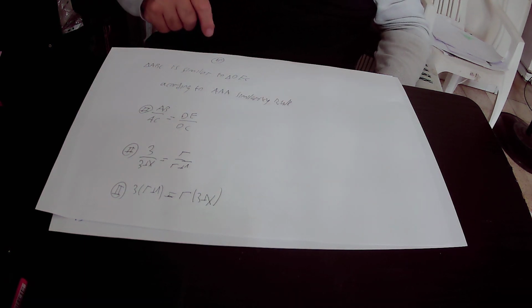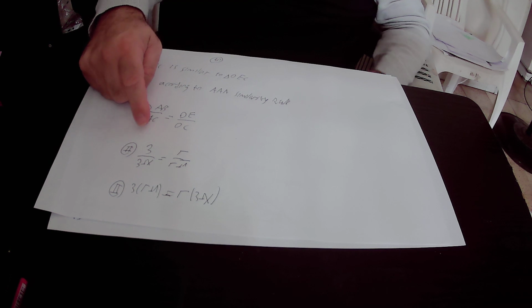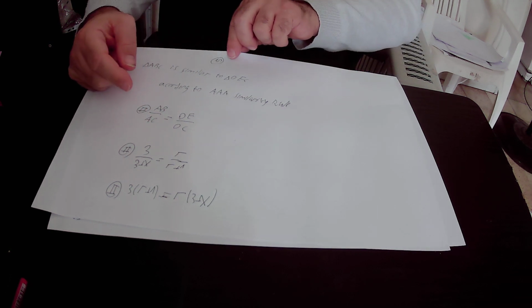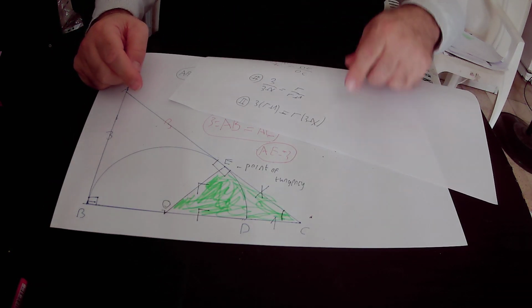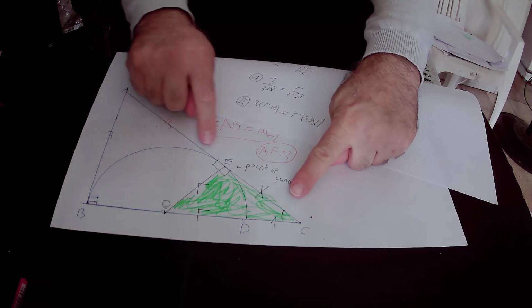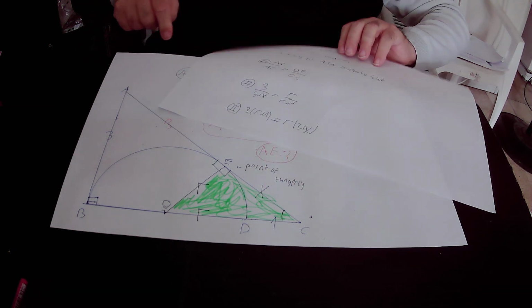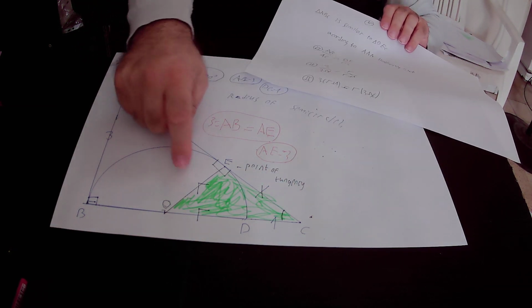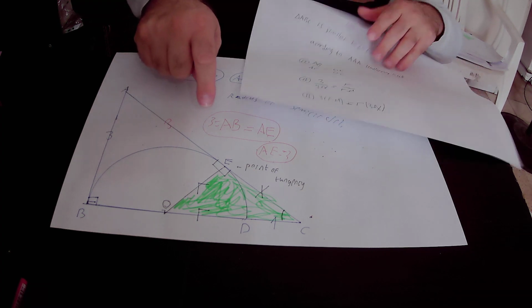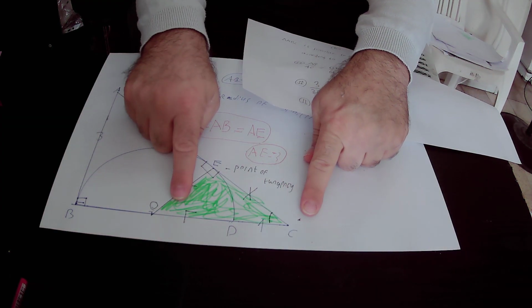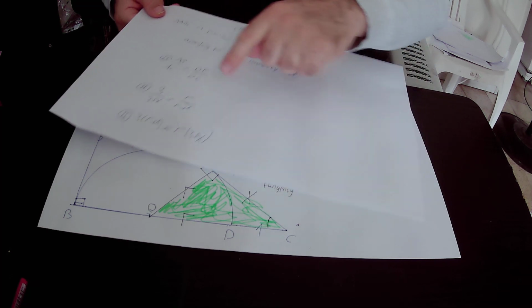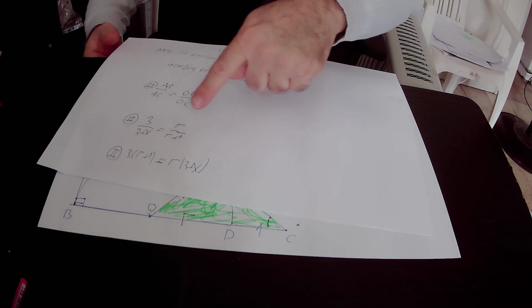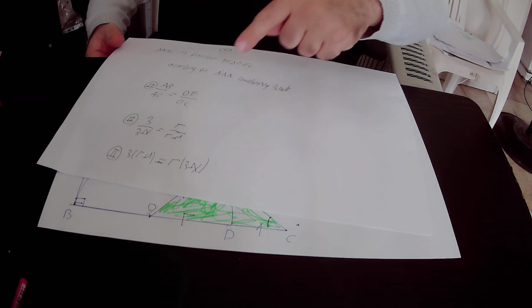Okay, and AB equals 3 units, AC equals 3 plus x units, OE equals R, and OC equals R plus 1. So in total we got that 3 over x equals R over R plus 1.